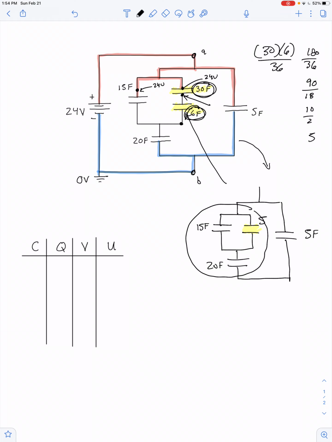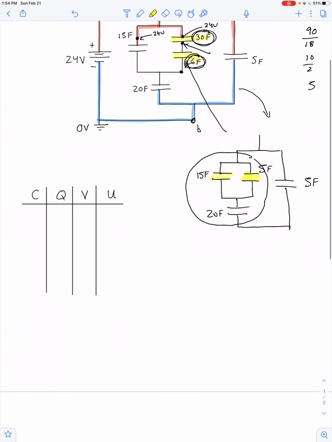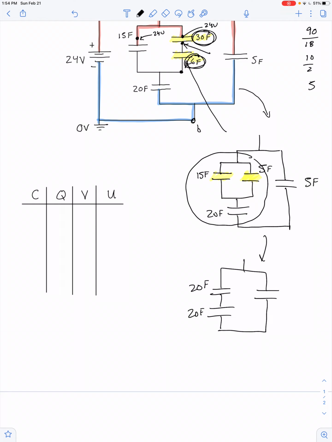Okay, so this is like a 5 farad capacitor. Well, then this 5 farad equivalent capacitance is in parallel with this 15. So if we reduce this yet again, it's as if we have a 20 farad capacitor in series with another 20 farad capacitor, and then those two are connected in parallel with our 5 farad capacitor.